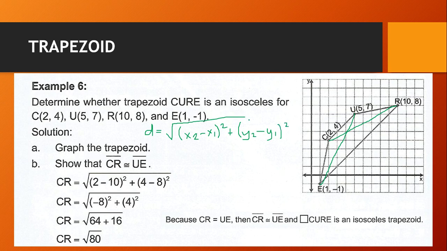So let's expand this square root sign. That is the formula for the distance. D represents the diagonals CR and also UE.